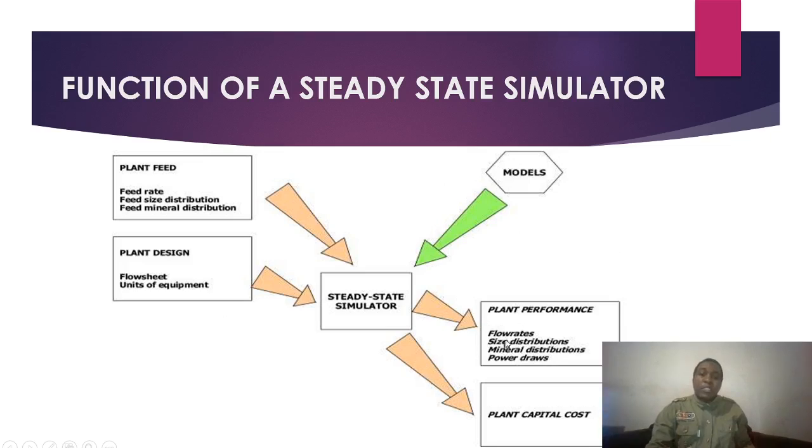As an output, the simulator gives you a reflection of plant performance as well as the plant economics, like estimations of plant operating cost and also estimation of plant capital cost.